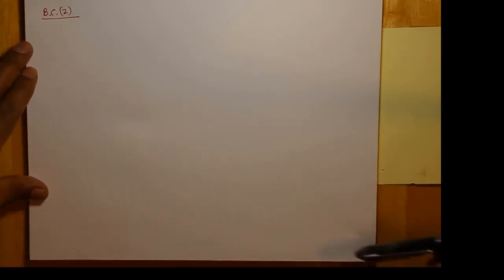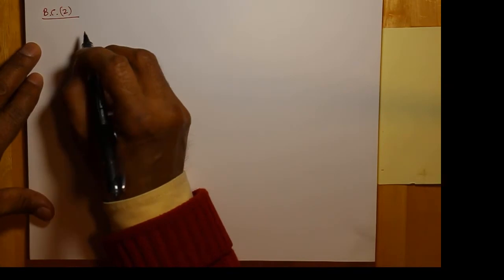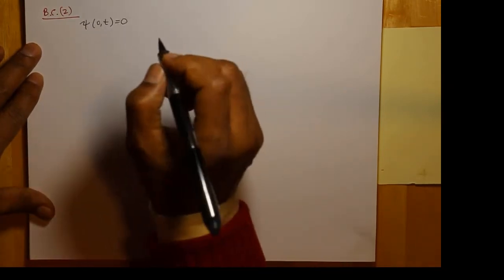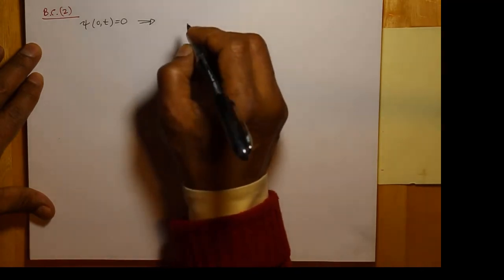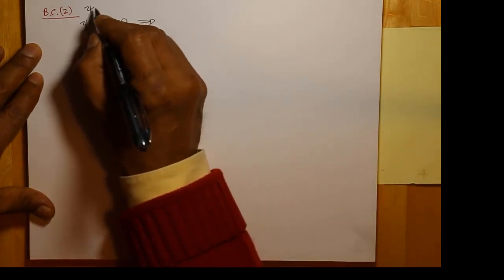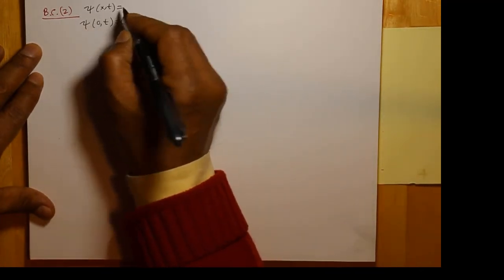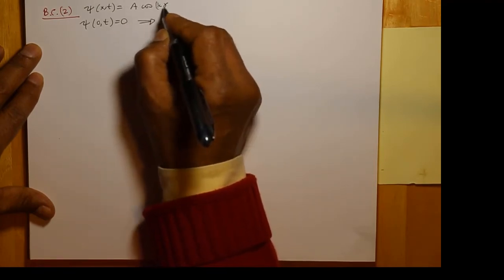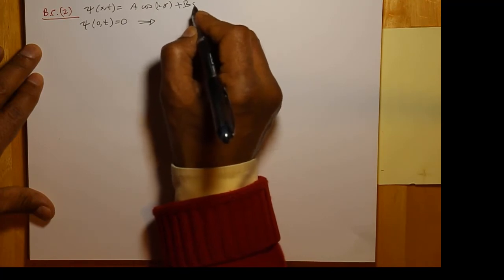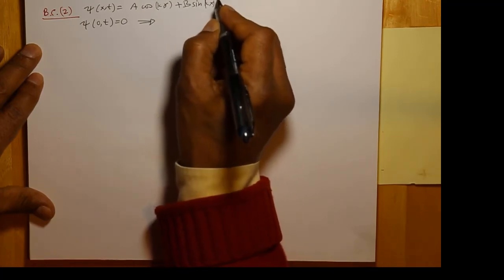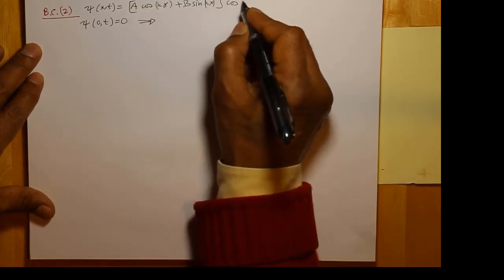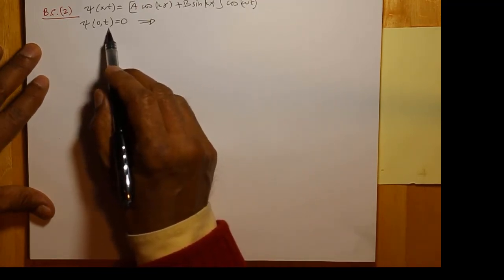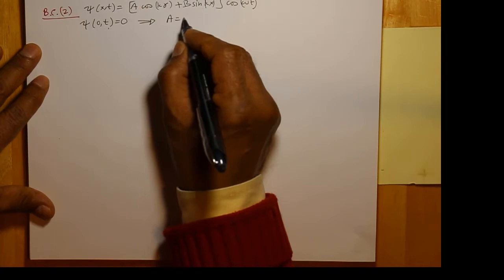So boundary condition 2 is psi of 0, t is 0. So this just means we start with psi of x t, the product solution, a cosine kx plus b sine kx, times cosine omega t. And start with that, and so this would mean, again, a equal to 0.